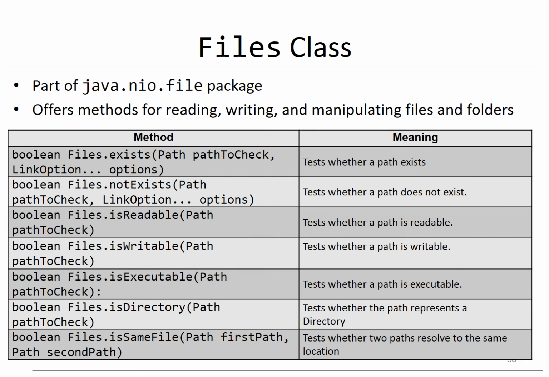The isReadable, isWritable, and isExecutable methods check whether a path is readable, writable, or executable. The isDirectory method checks whether a path represents a directory, whereas the isSameFile method checks whether two paths resolve to the same location.